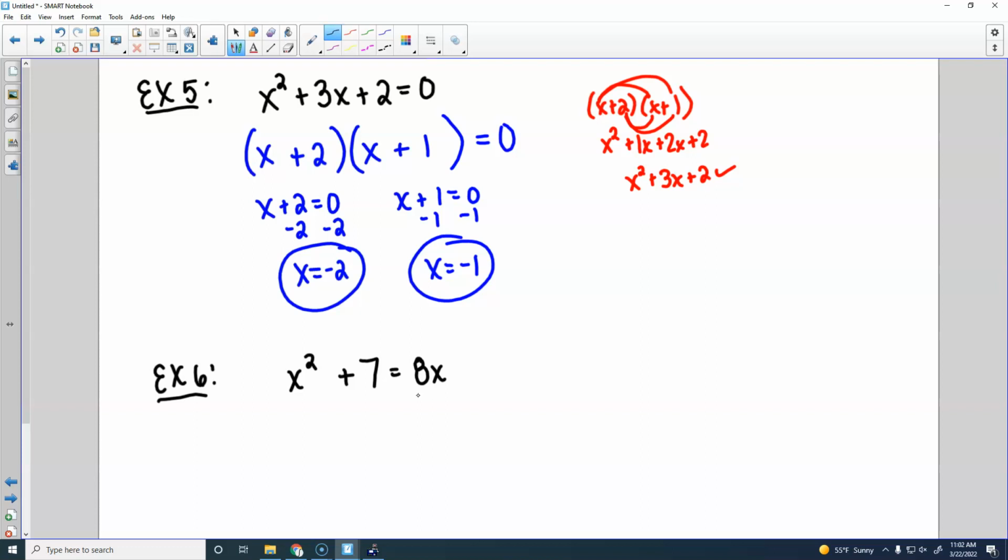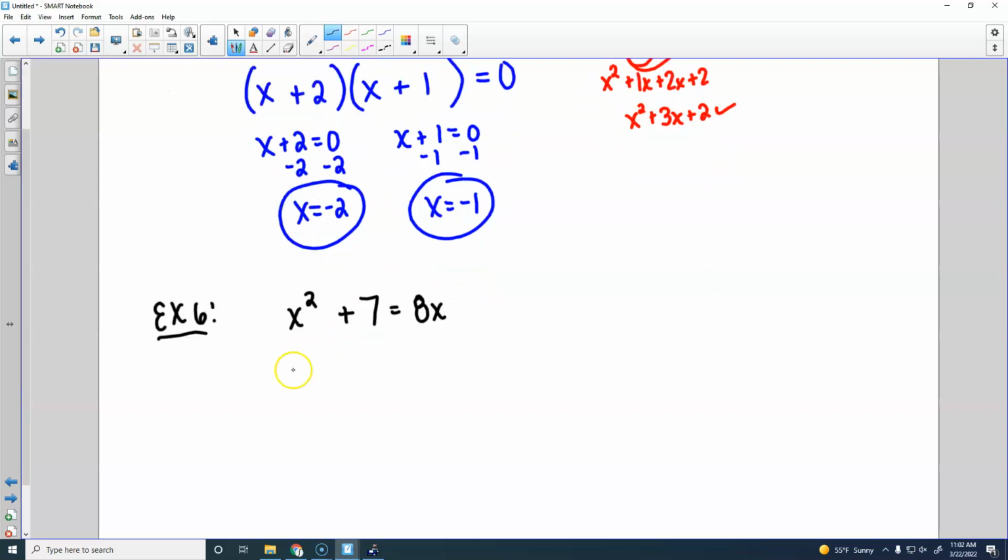All right, so we got x squared plus 7 equals 8x. Now, I tried to really emphasize, for us to use that zero product property, where we factor and set each piece equal to 0, what do we have to have as our beginning condition? We have to have it equal to 0, right? Does this equal 0?